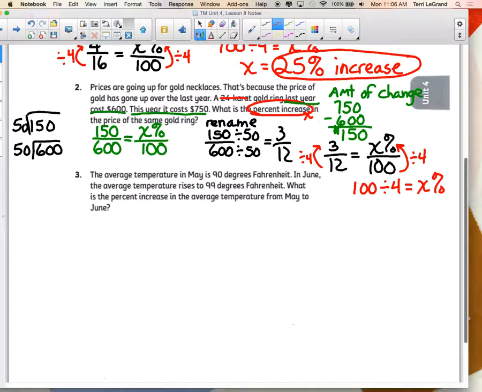Well, that sounds familiar. What is it? 25. X equals 25%. Is this an increase or a decrease again? Increase. You have to keep in mind that things can increase or they can decrease. We don't necessarily always have just increase.